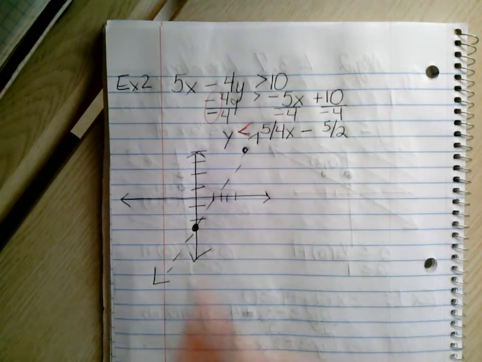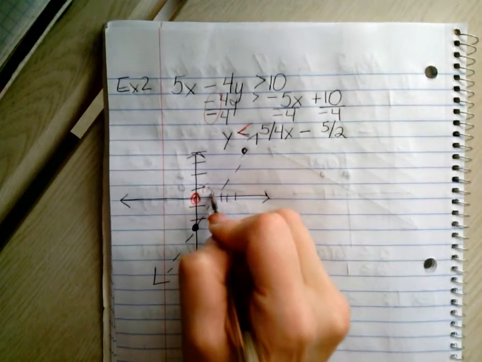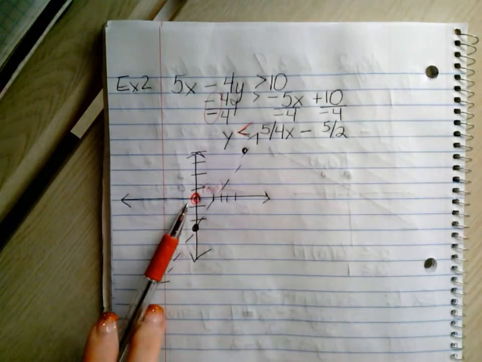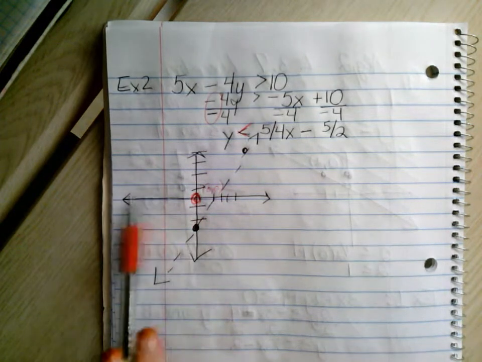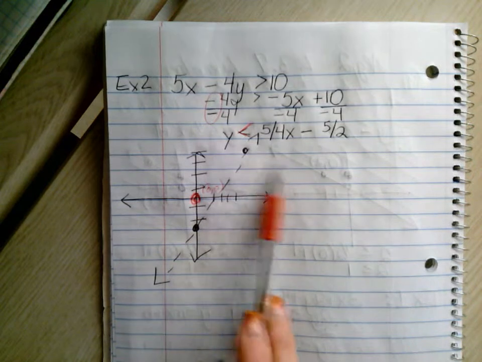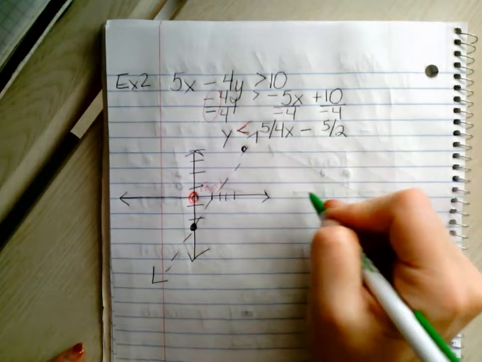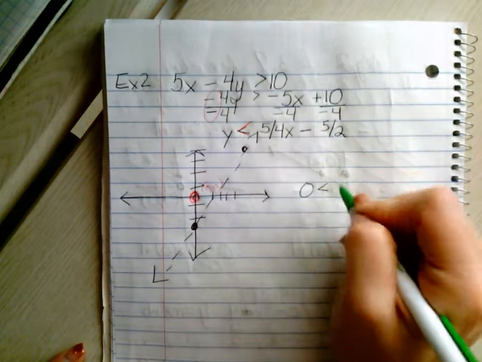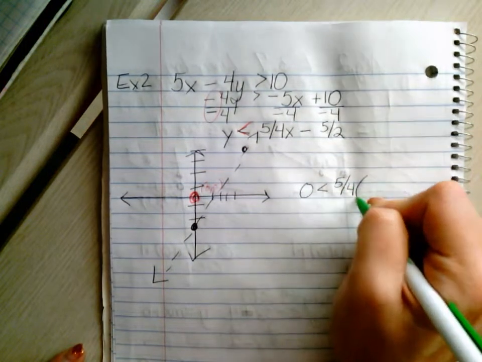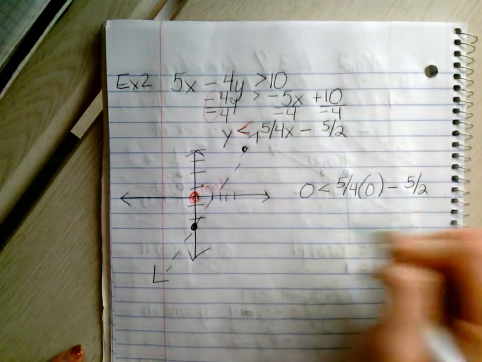Because it is not equal to the points that live on that line. If you recall, the place I like to test is 0, 0. If this side is true, everything is true. If the 0, 0 is false, then this side must be true. Let's plug it in. 0 is less than 5/4 times 0 minus 5/2.